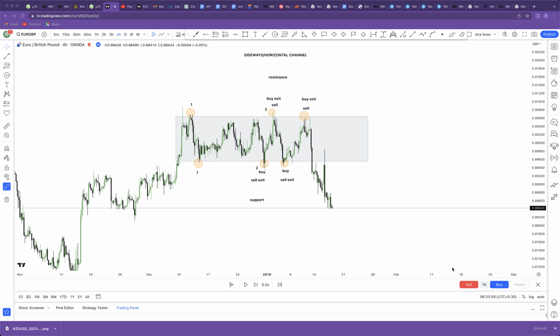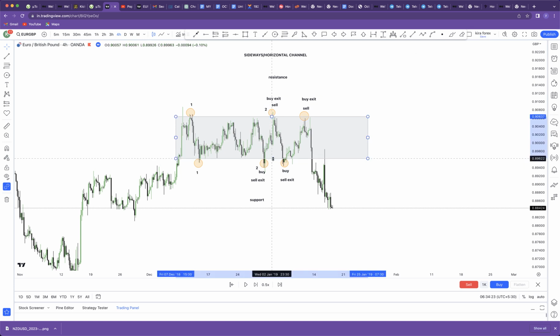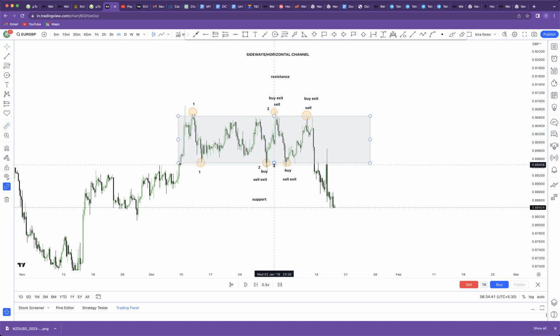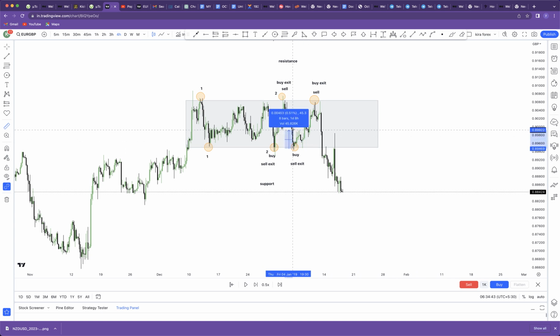Then the third one, you may also decide to take half the profit off as price is in the middle of the channel for a profitable trade. So what this means is that, assuming you've taken a buy trade here, let me use my rule to explain something. So assuming I take a buy trade here, I'll measure from here to here.